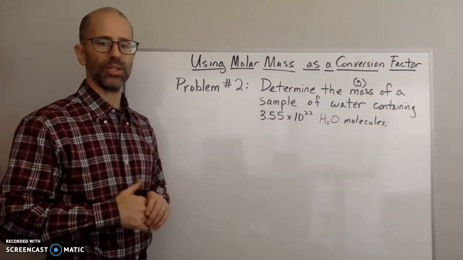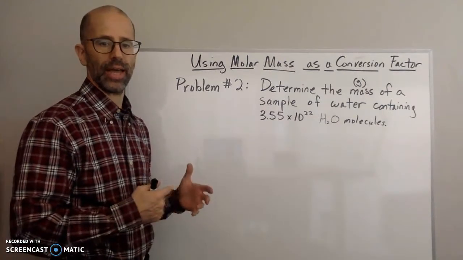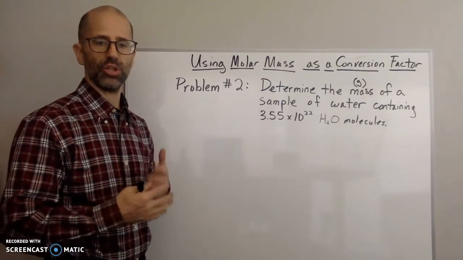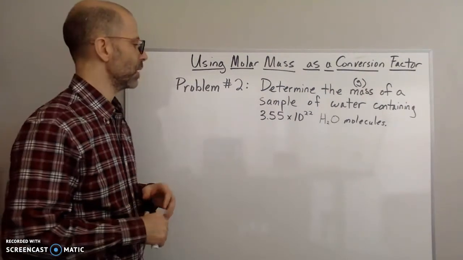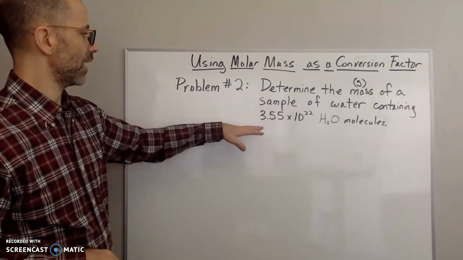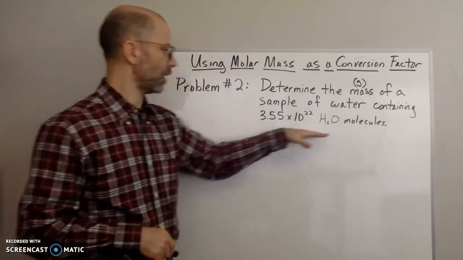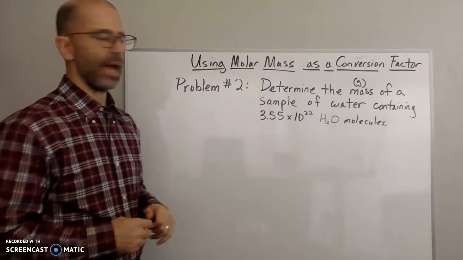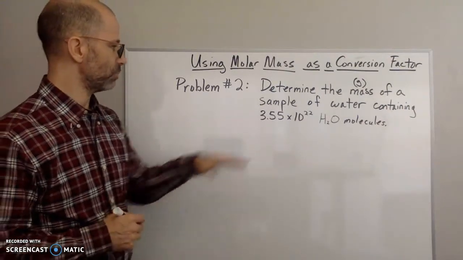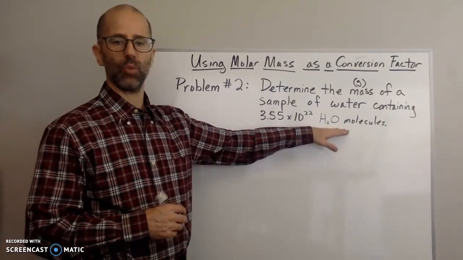Again, with these problems, you need to figure out where to begin, where to end, and what relationships you can use as a conversion factor. So in this case, we're starting with molecules. And we have to use molar mass at some point. They give us the formula, in this case, water.